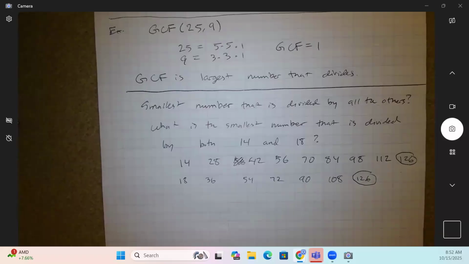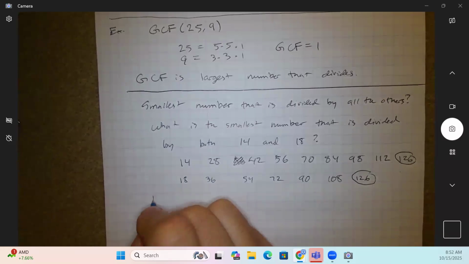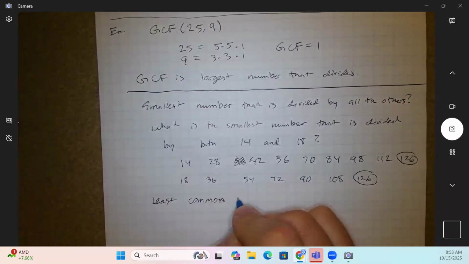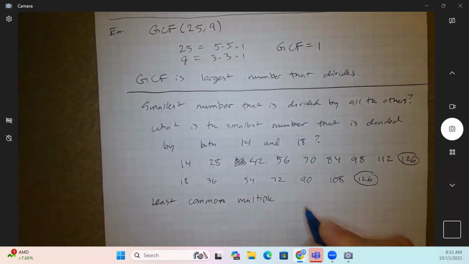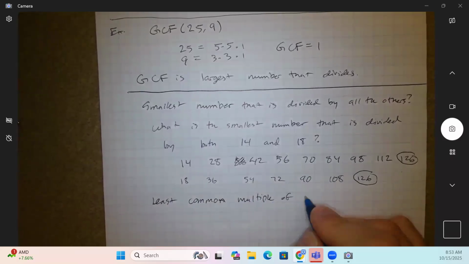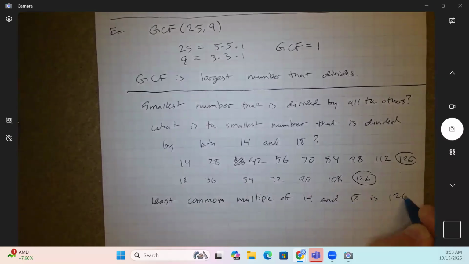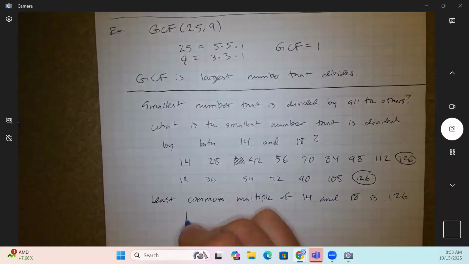You see how with greatest common factor, we're getting littler? And with least common multiple, that's the words. With this other one, we're getting bigger. This is called the least common multiple of 14 and 18 is 126.